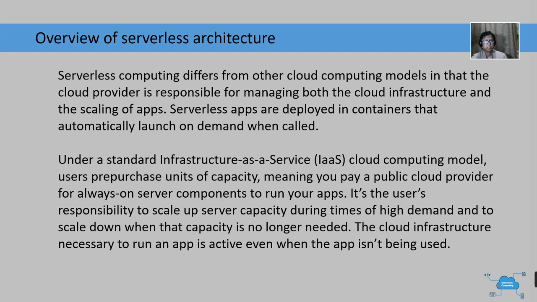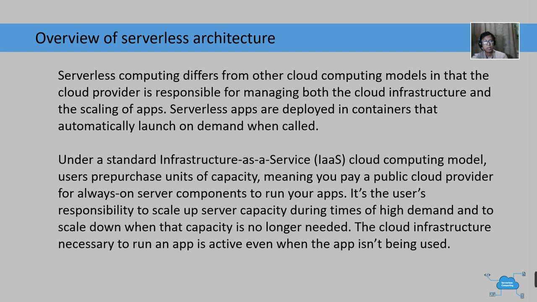It's the user's responsibility to scale up server capacity during times of high demand and to scale down when that capacity is no longer needed. The cloud infrastructure necessary to run an app is active even when the app isn't being used. So this is actually what we have most of the time right now.